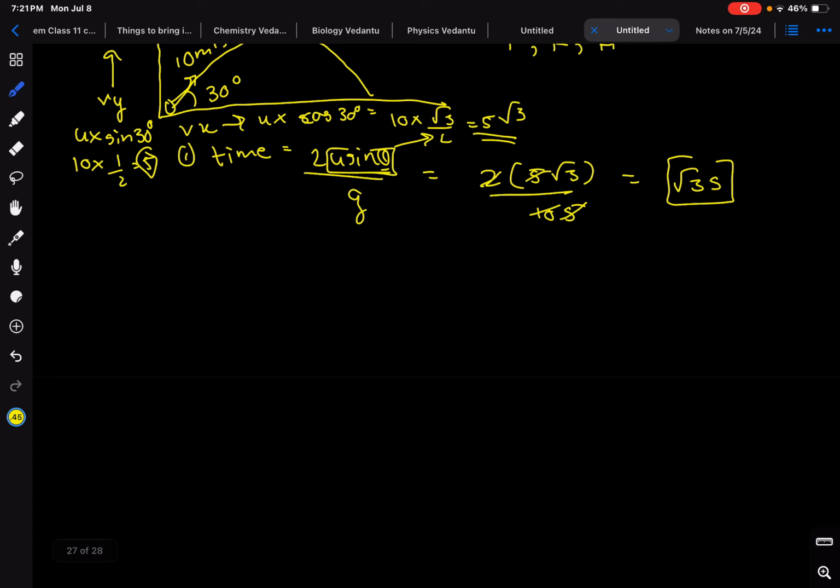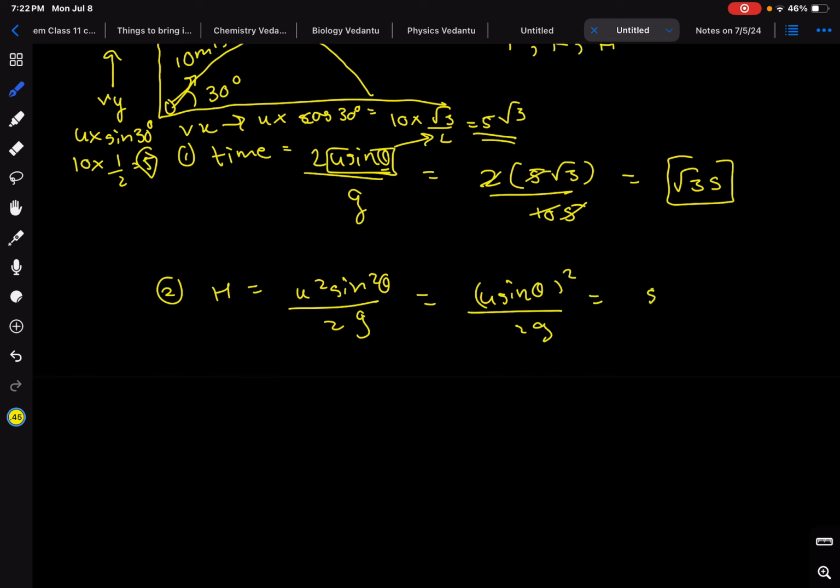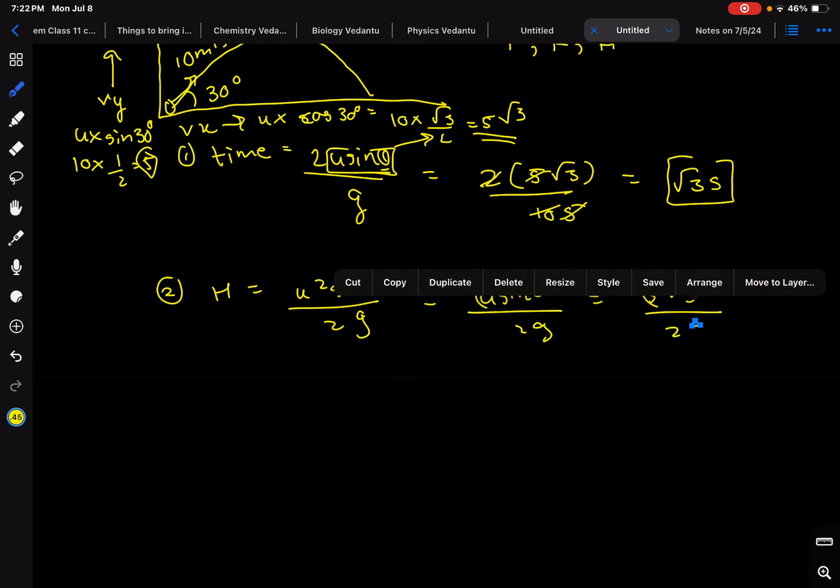Then let's find out the maximum height, which is equal to u square sine square theta upon 2g. Now u square sine square theta is just u sine theta whole square upon 2g, which is equal to 5 root 3 whole square upon 2 times 10.